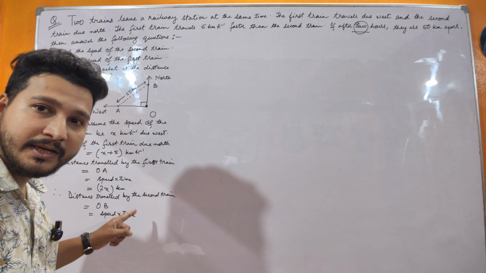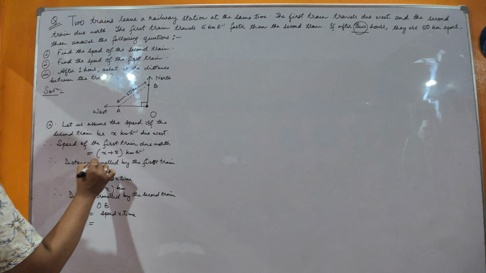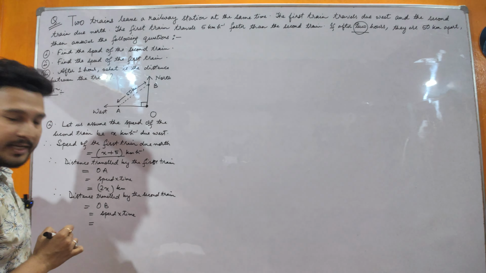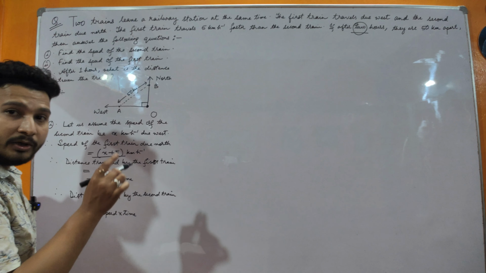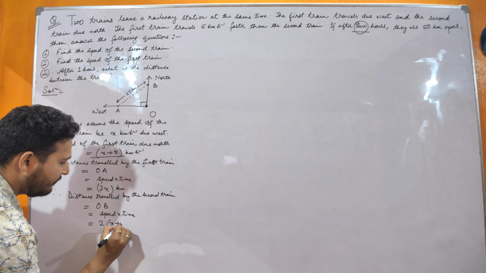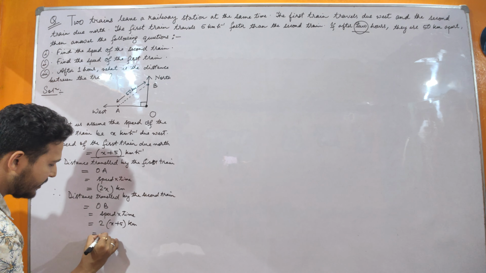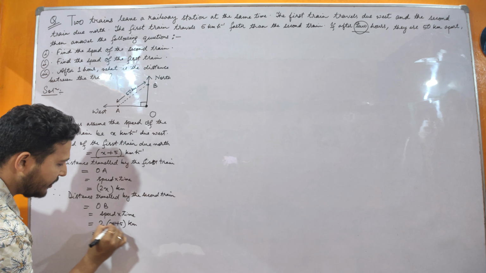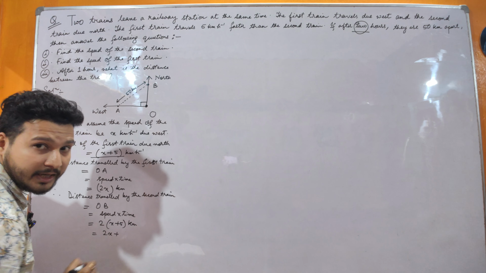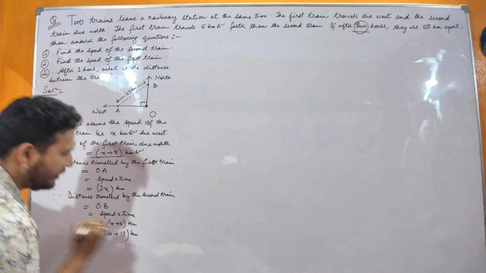Distance is equal to speed multiplied by time. So what is the speed here? It's x plus 5. Time is 2 hours. So twice into x plus 5 kilometer. Okay, so we can write as twice x plus, what is 2 multiplied by 5? That gives us 10 kilometer.